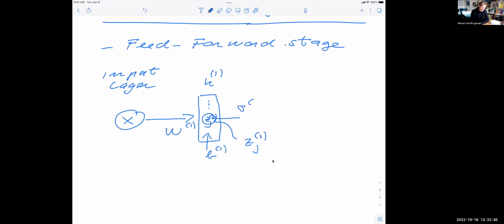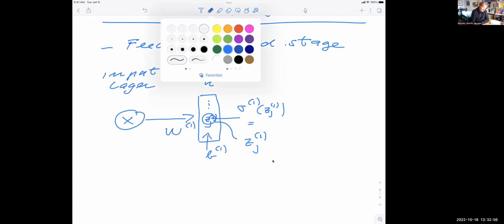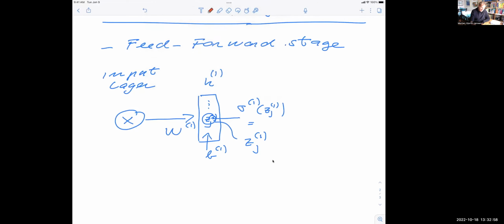We would have a sigma in layer 1, and this takes as input this z_j from layer 1. Let's change color a little bit so we don't confuse you too much. We would label this as a_j of 1. So this is the input, which is now modulated by a specific function, and these functions are called the activation functions.